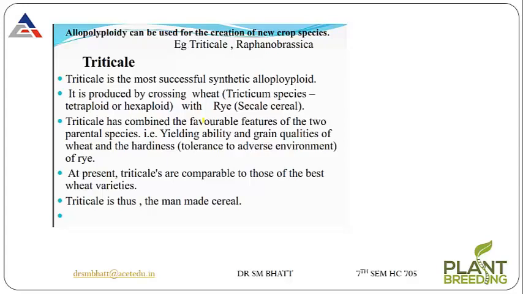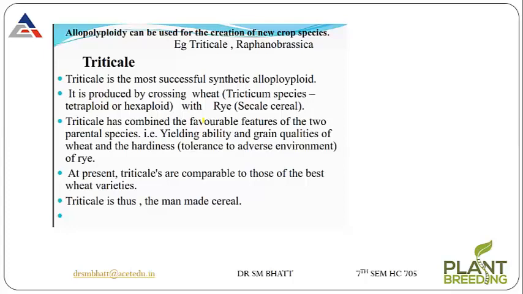So humans thought about how the seeds could be made very hard. How can you make them hard? By crossing with rye, because rye is very hard and tough. So the softness of wheat, the hardiness of rye: this is called triticale.